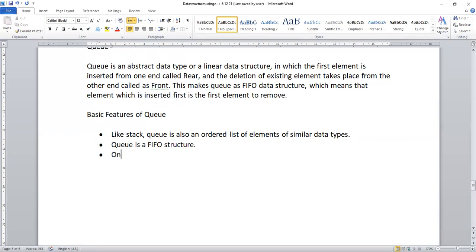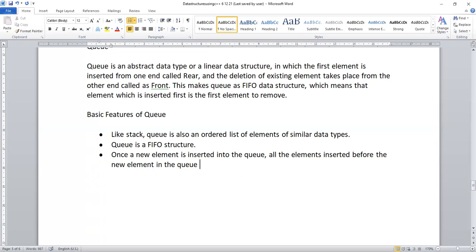And the third one is: once a new element is inserted into the queue, all the elements inserted before the new element in the queue must be removed.